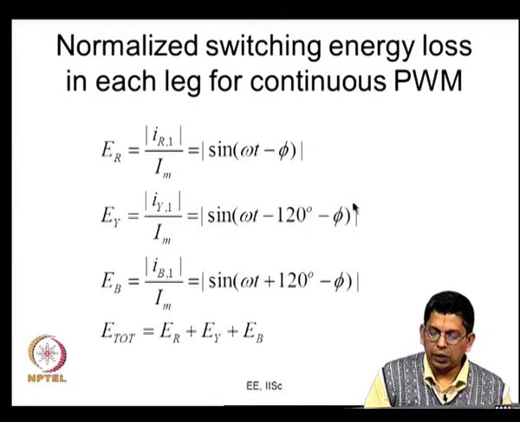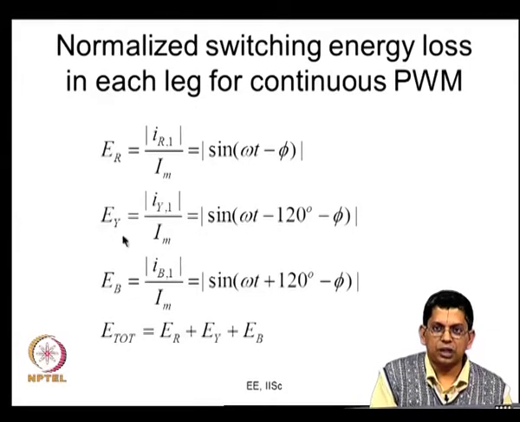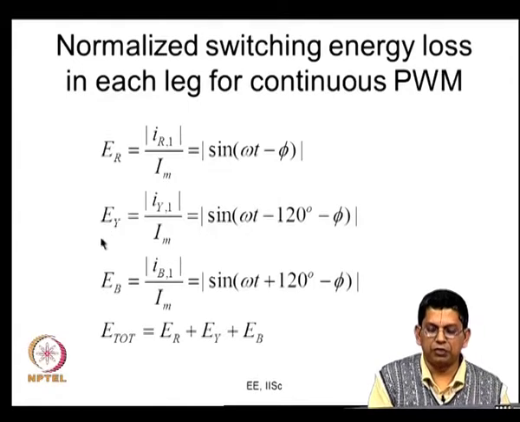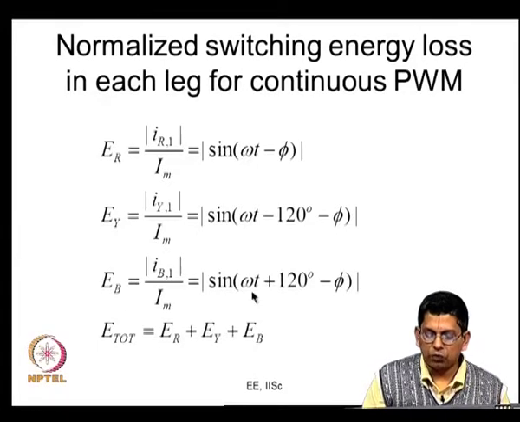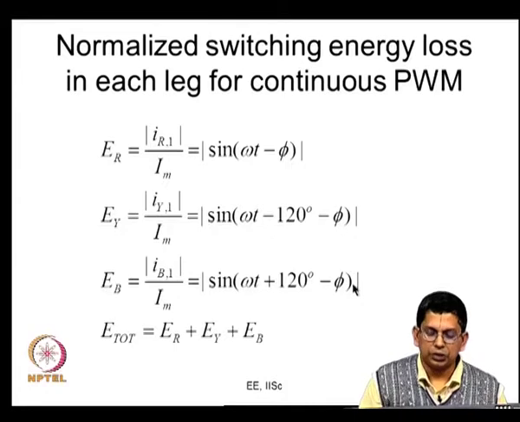So, this unsigned value of sin of omega t minus 120 minus phi is the energy that is lost in the Y phase. There is an approximation we have simplified today. Again, the normalized energy loss in B phase can be given by sin of omega t plus 120 minus phi, its unsigned value. So, these are the normalized switching energy losses in each leg.